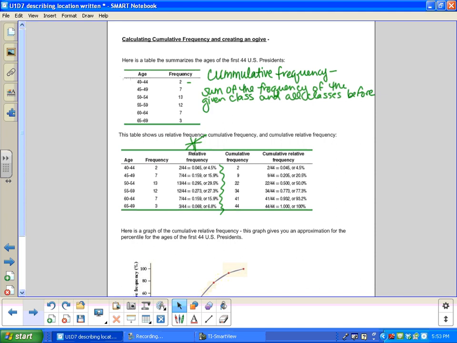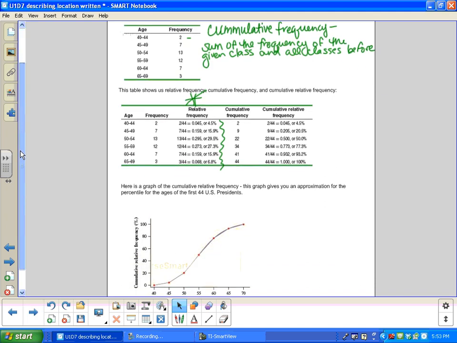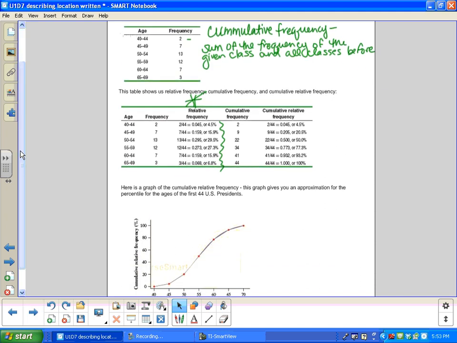And then what's really interesting to us in terms of percentiles is what's called cumulative relative frequency. You're just going to put the two together. For relative frequency, you take the frequency and divide by the total. For cumulative relative frequency, you just take the cumulative frequency and you divide by the total.